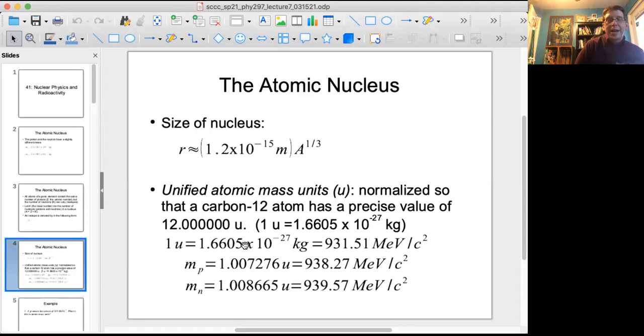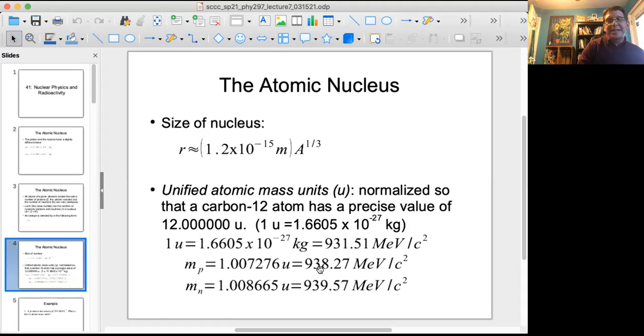The mass of the proton is 1.007276 mass units, or 938.27 mega electron volts per c squared. The neutron is 1.008665 mass units, or 939.57 mega electron volts per c squared.